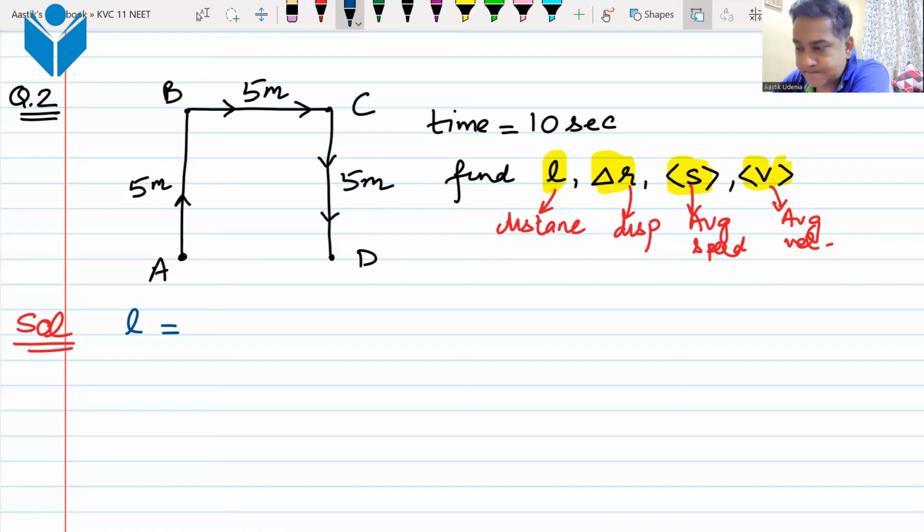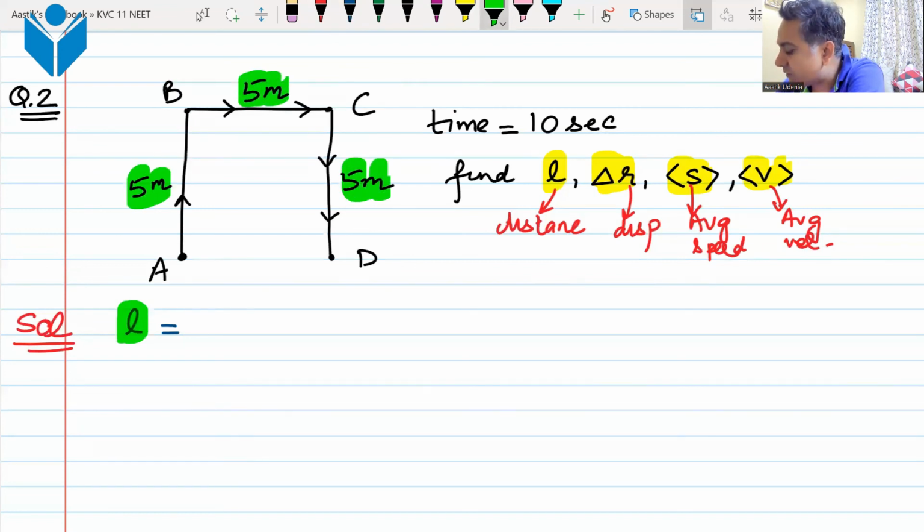This is 5 meters. This is 5 meters. And this is 5 meters. How much is the distance traveled, beta? 15 meters. Very good. Very smart. 15 meters. Well done.